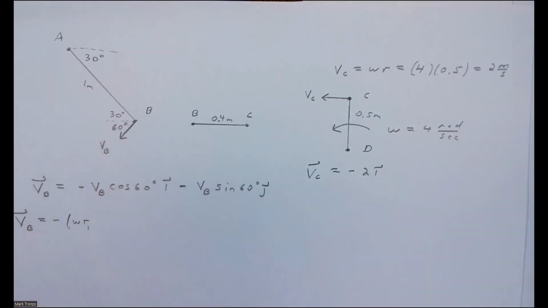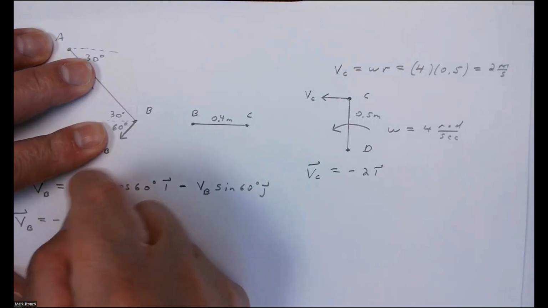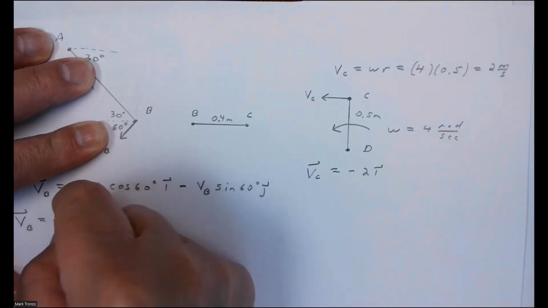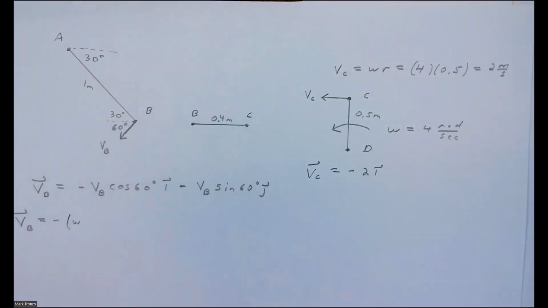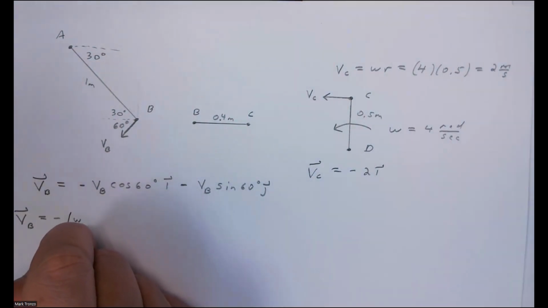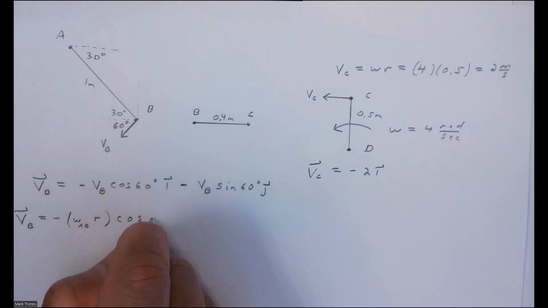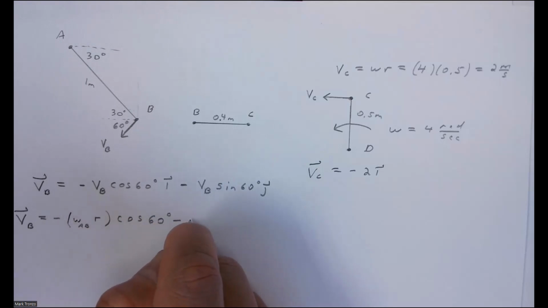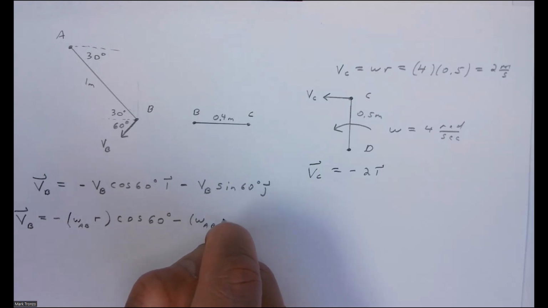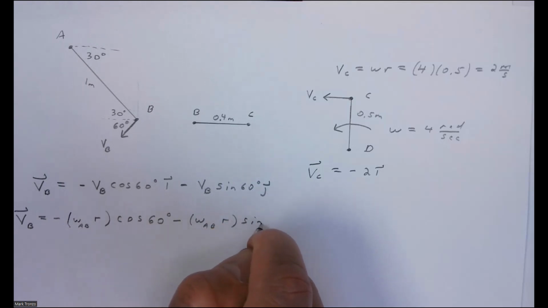And we could maybe call this omega AB. Cos 60, and this will be omega AB r sine 60.